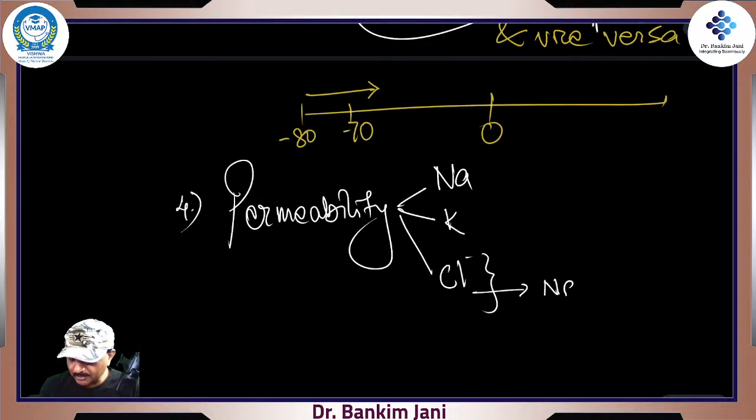You can say it is not permeable. Then why have we included it? Because there are some conditions when it will come into the picture. But when we are studying normal physiology, it won't come into the picture that fast, right?